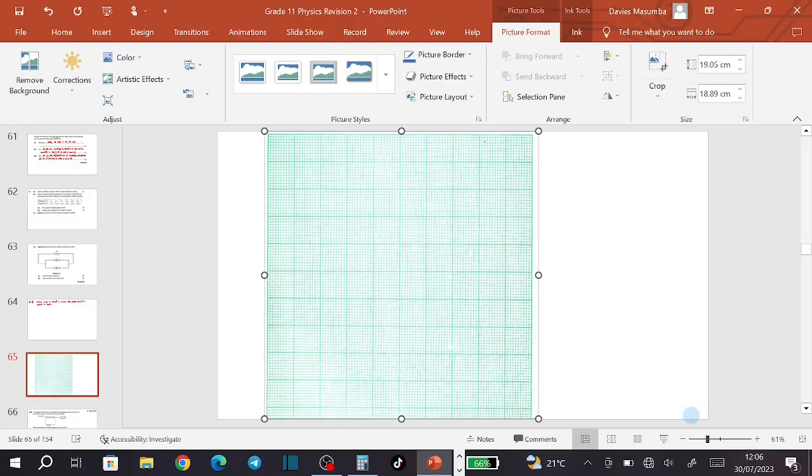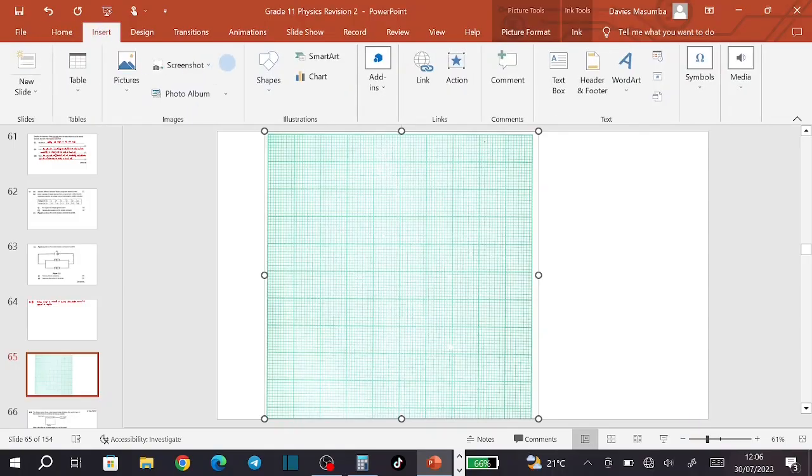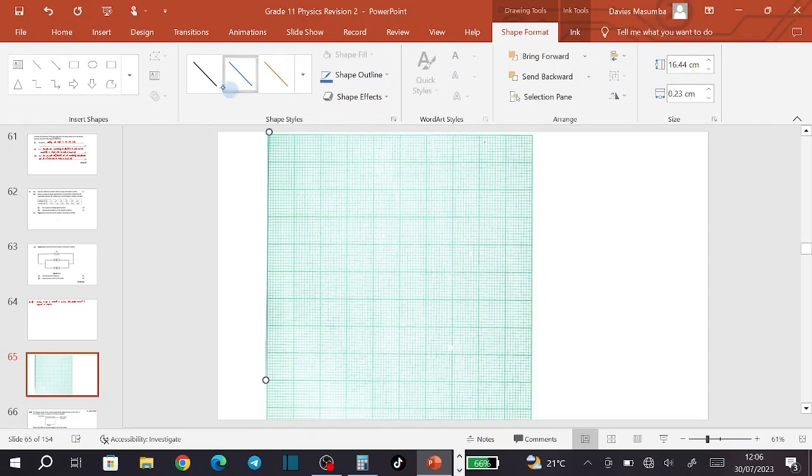Okay, then what I'm going to do in advance, I'm going to put the lines in advance. So I will have a line somewhere here. Then also, let me just squeeze it a little bit there. Good. Then let me also make another one here. It is going to be here.